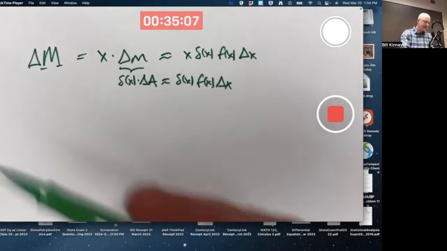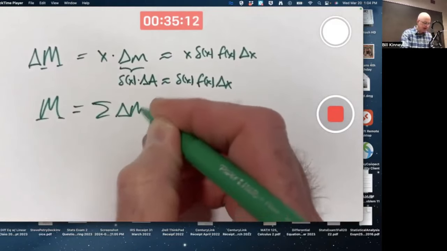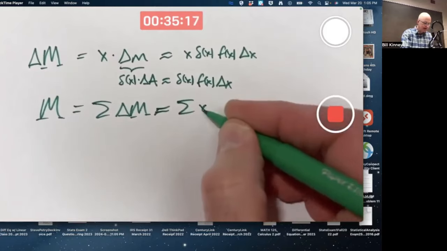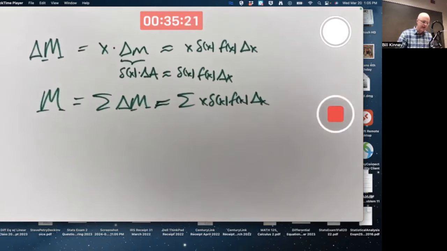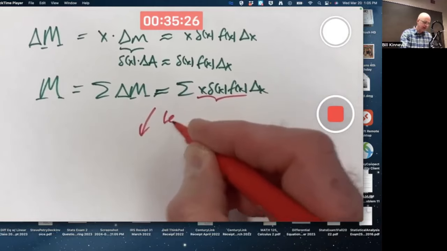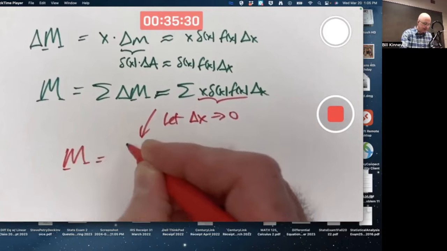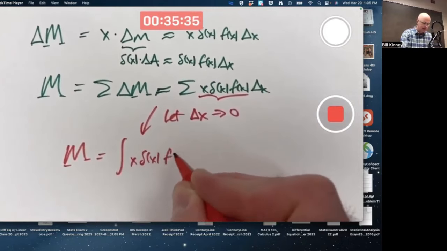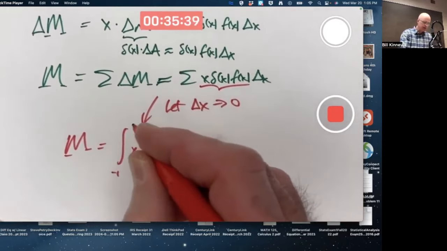The total moment with respect to x equals 0 then would be the sum of these little moments. It would be approximately a sum of things like this: x delta of x, f of x, delta x. And this now is a Riemann sum for that function. We let delta x go to 0. Total moment is the integral of x times delta of x times f of x dx over the interval of integration, which was -1 to 1 for the triangle.